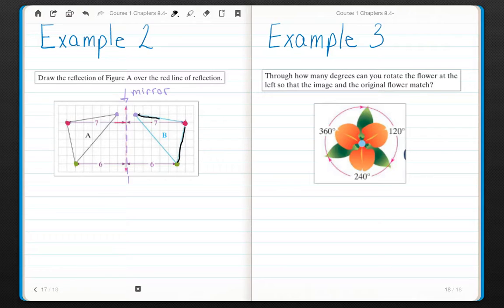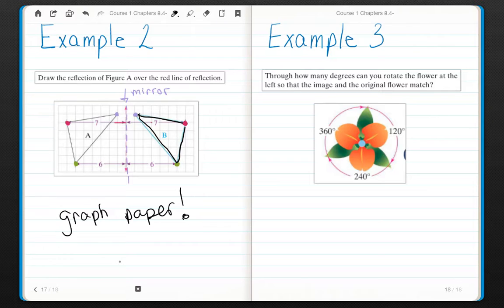Use a ruler if you need to, so that they are much neater and straighter than mine, but you get the idea, okay? So you're going to count the distance from that line of reflection and then put the point that many units on the other side. Remember, you need to use graph paper for these, okay? That's how they're going to be accurate. You may not use lined paper.